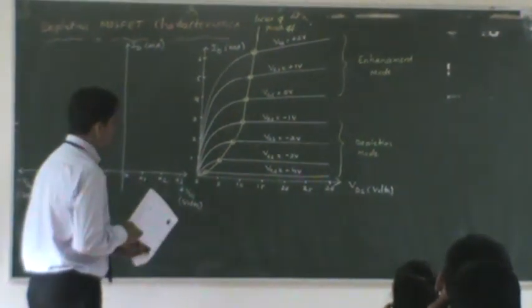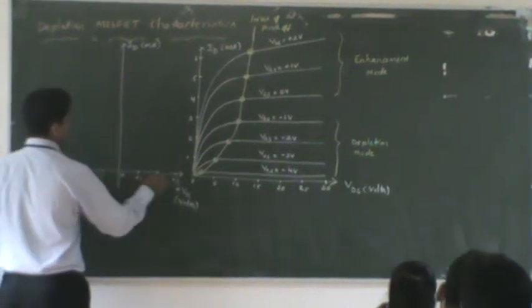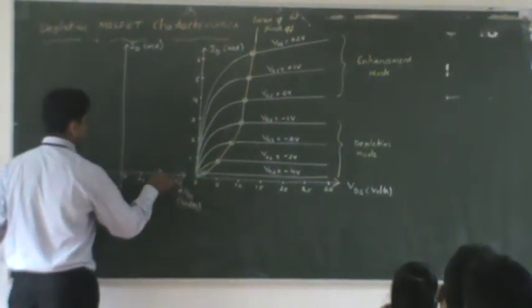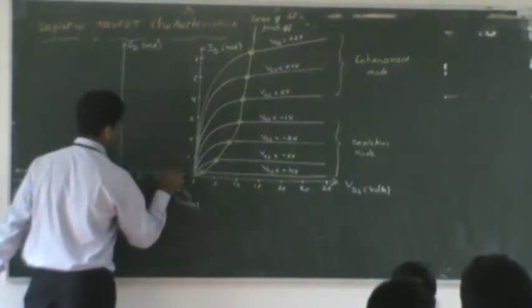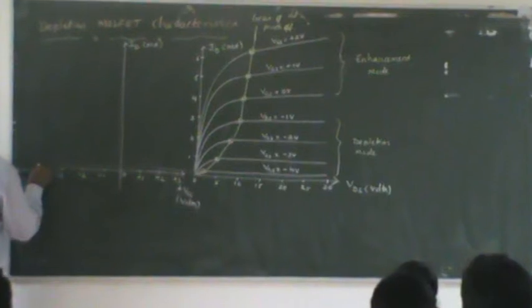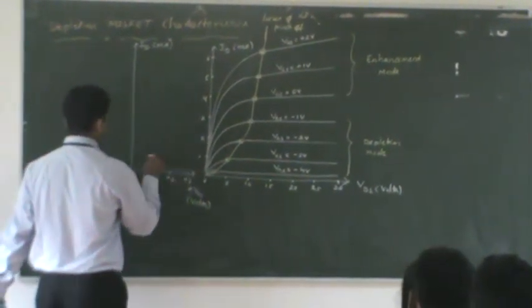Wherever the pinch off has been reached, from there you can draw horizontal straight lines. See here approximately. You can find the intersection point here for minus 4.